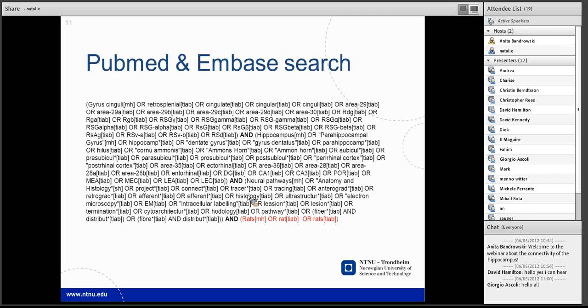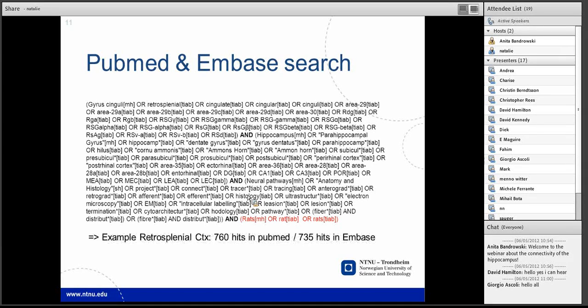This type of literature searching provides you with a vast list of citations, which more or less all report on anatomical connections. If it's relevant to you, feel free to use our query for your benefit. It is published on our website temporalobe.com. The combined searches in PubMed and in Embase resulted in more than 800 unique papers for the retrosplenial cortex search.